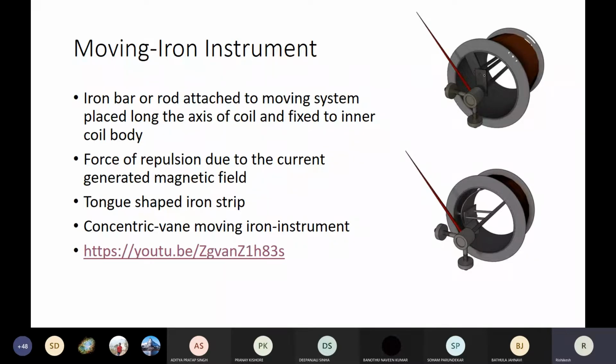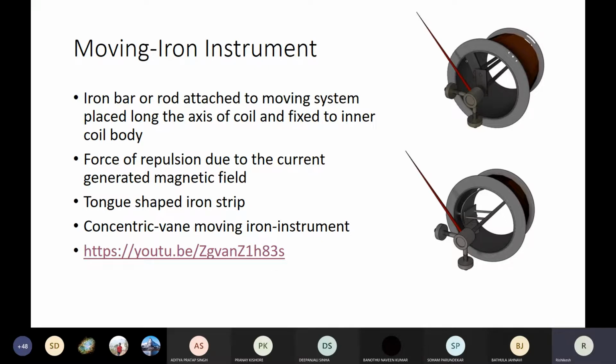Due to this magnetic field, the same magnetization occurs in the two pieces of iron, and since it is the same, there is a force of repulsion between them. But one is fixed to this coil, and this one is free to move. Due to the force of repulsion, it moves the pointer along with it. This is known as the force of repulsion.